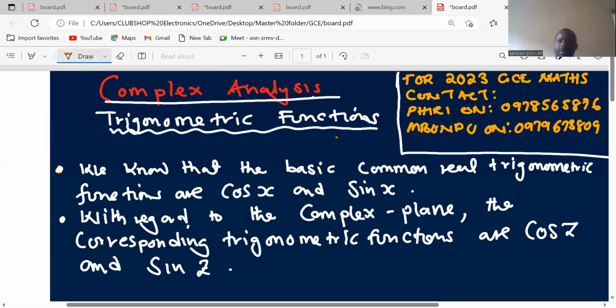All right, so we know that the basic real trigonometric functions are cos x and sin x, without, of course, neglecting tan x. Now, with regard to the complex plane or the z plane, the corresponding trigonometric functions are cos z and sin z.